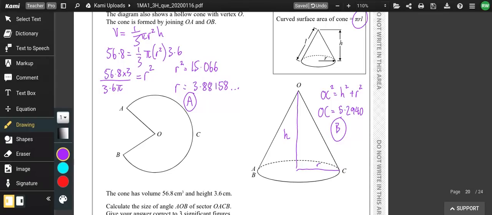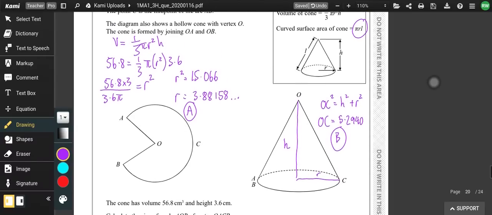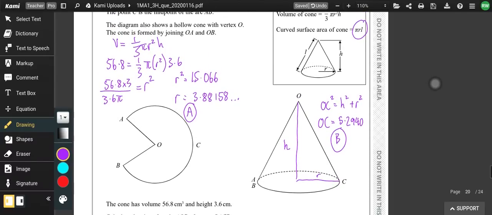Okay, so OC is the slant height there, but that is also the radius here. So 5.29. We now need the area of this whole sector, which we can get from pi r l, curved surface area.